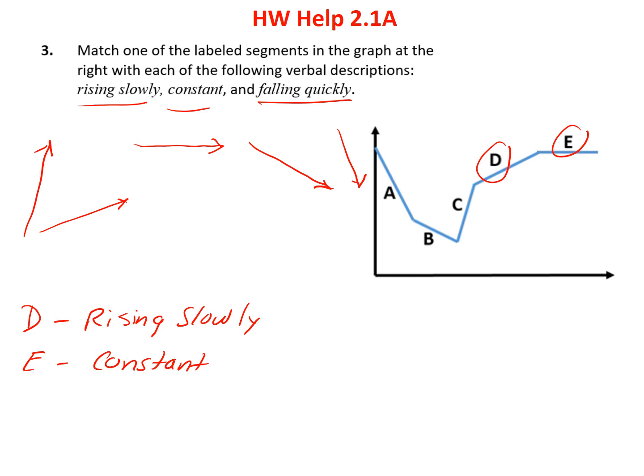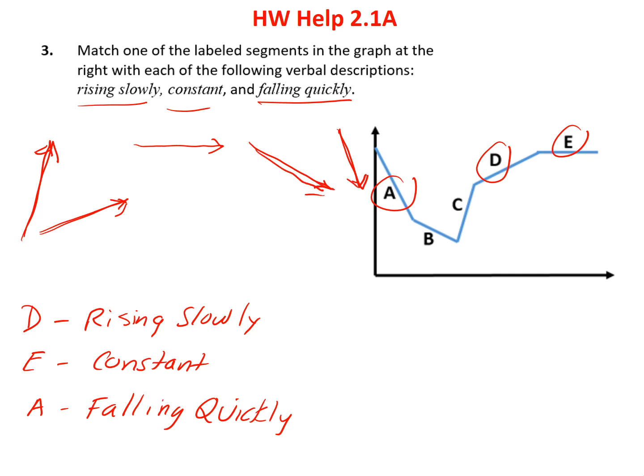So you see both A and B are falling, but A is the one that's falling quickly. Just notice the difference between, again, rising quickly or rising slowly, falling quickly or falling slowly.